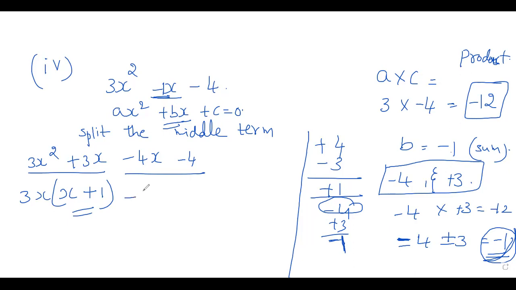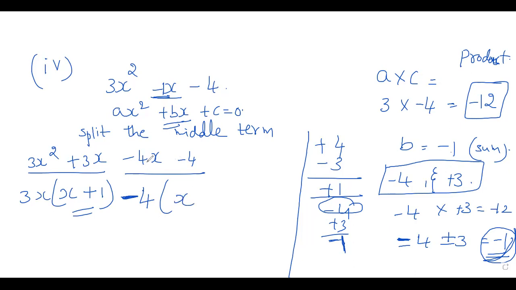So I will take minus as common factor. Yes, 4 is common. So now we have taken minus as common factor. So you have to change the sign of the terms. -4x ಇರೋದು, +x ಆಗತ್ತೆ.